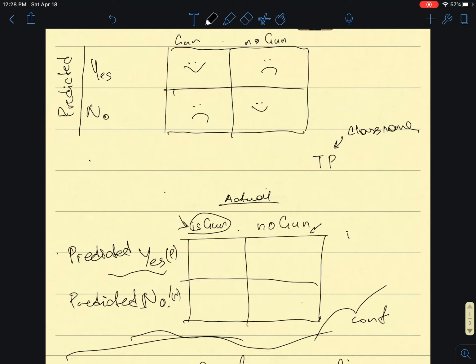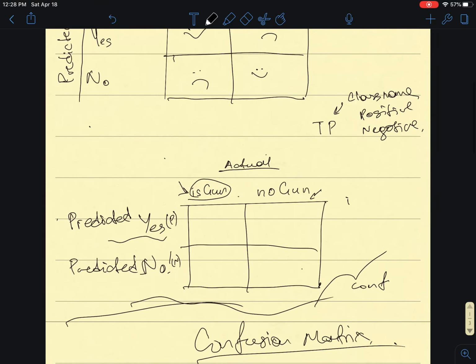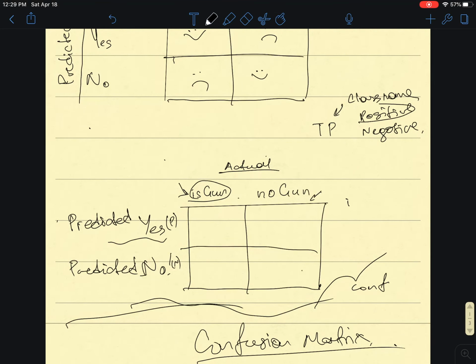But in this framework, we call a class positive or a class negative. In our particular case, when we have the positive, that's going to be that the gun exists.